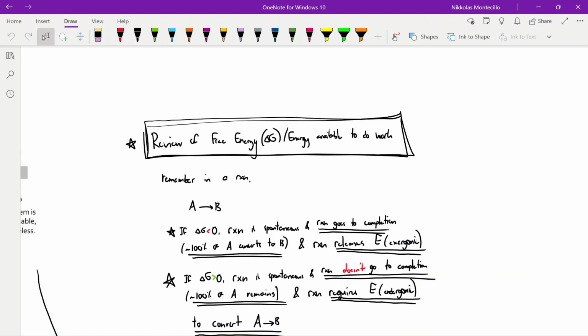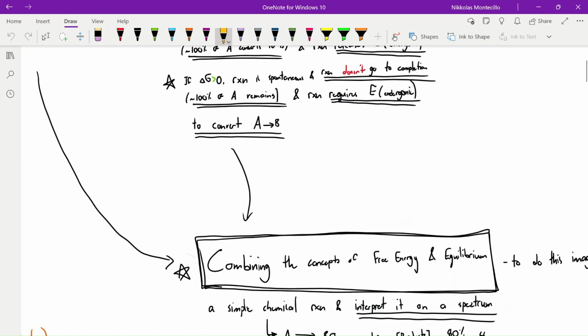If delta G is greater than 0, then the reaction is not spontaneous and the reaction doesn't go to completion. Hence, 100% of A remains without any of it being converted to B. For A to be converted to B in this case, the reaction will require energy, and hence we call this an endergonic reaction.